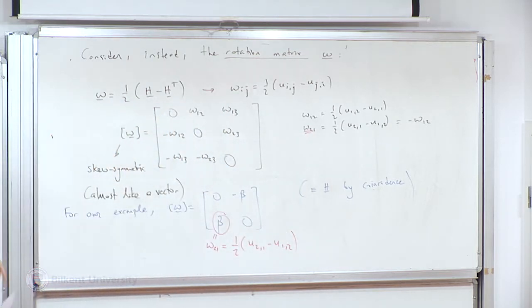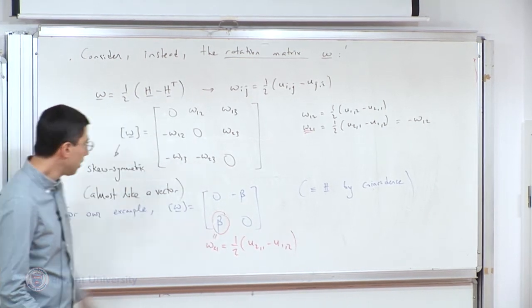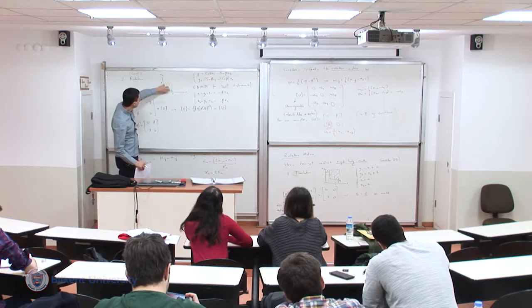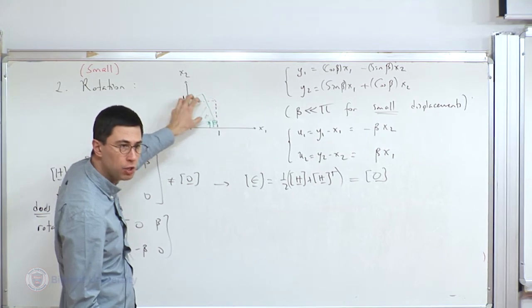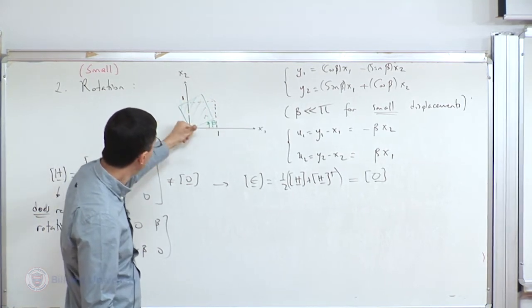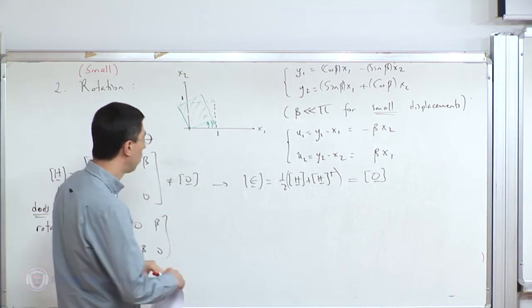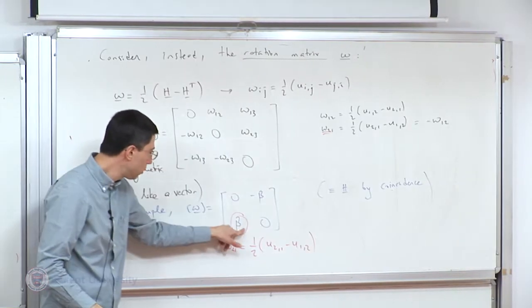Now, omega 2,1 is, in this example, very clearly beta, and it represents the counterclockwise rotation of the object. It's rotating about the out of plane direction, which in this case is x3. So the rotation about x3 is beta, and omega 21 is equal to beta.